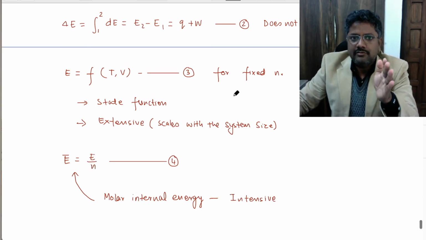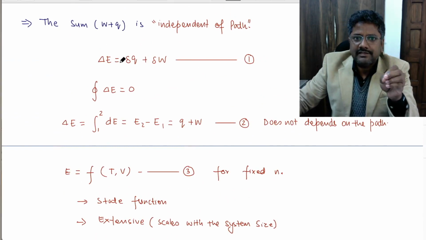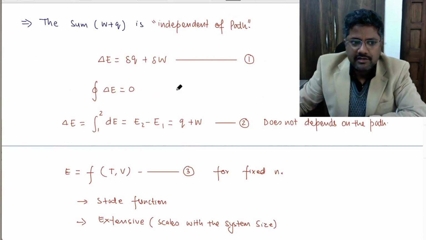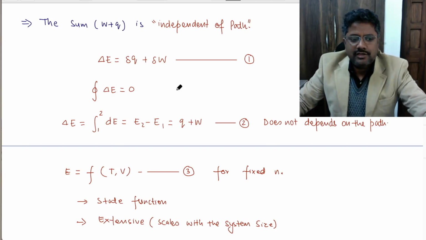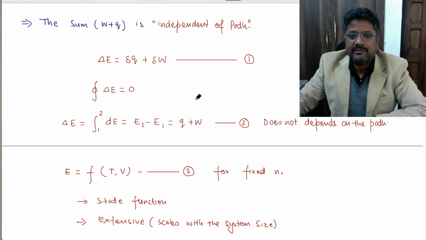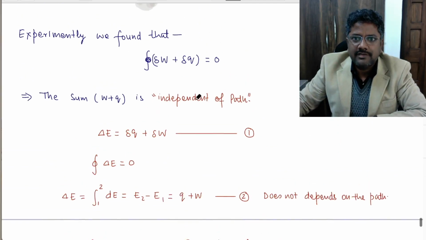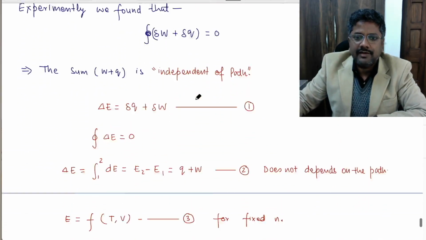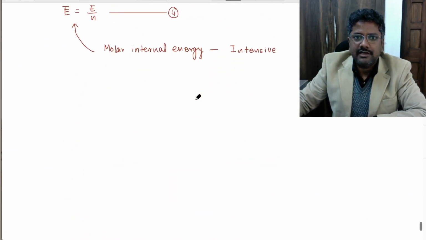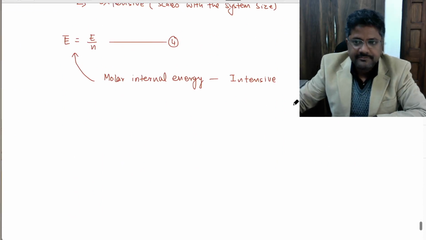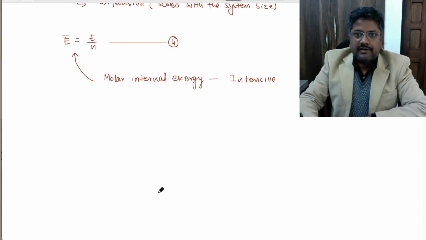So this is what Q plus W is a state function, and that is given by this new thermodynamic function that is known as internal energy, right? So in this way we can explain the thermodynamics first law, the law of energy conservation. Now see how to justify this statement.